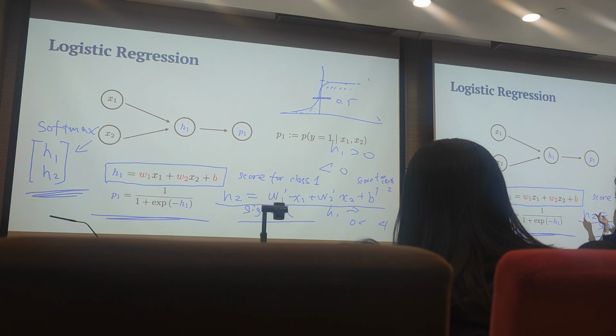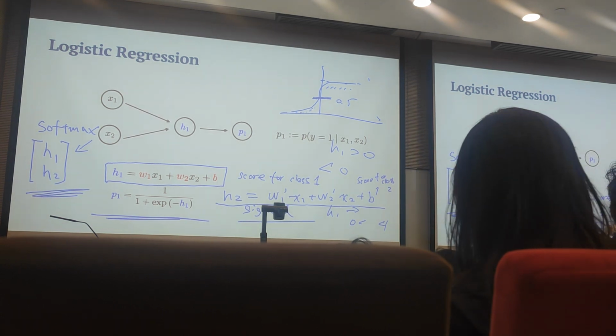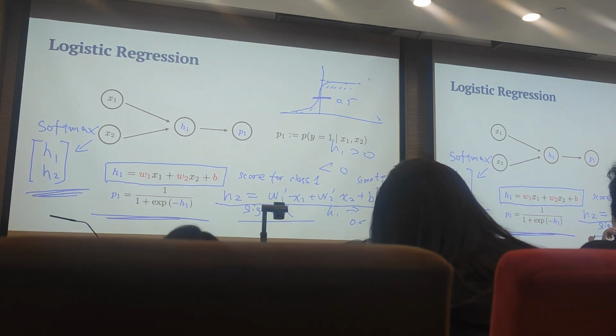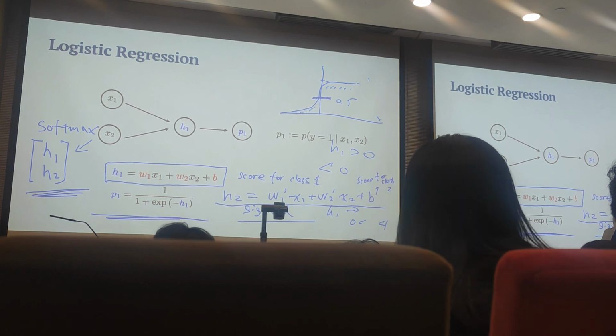In terms of performance, more or less the same. If you have more parameters, you have the old story: it's easier to overfit, you need more data to train, those kinds of things. But for simple tasks like this, it's basically the same. Okay?